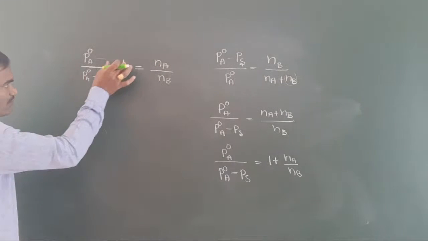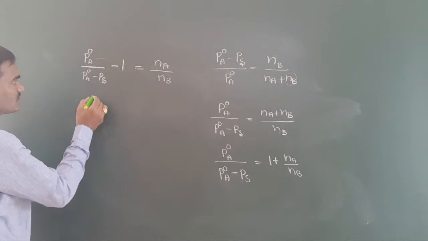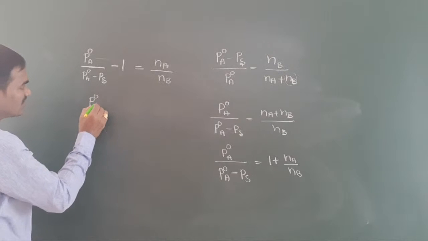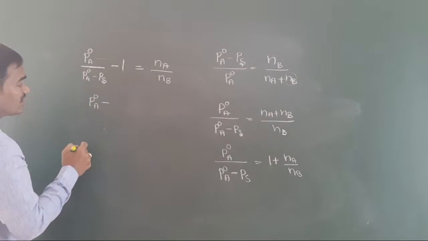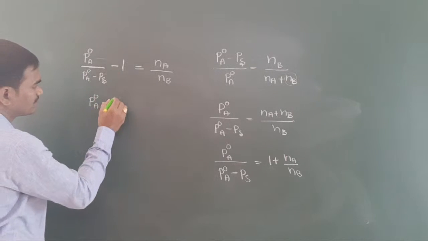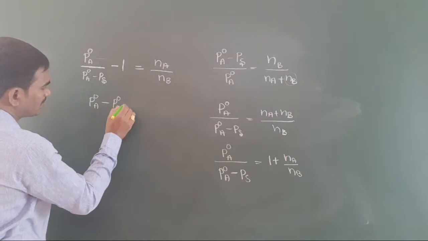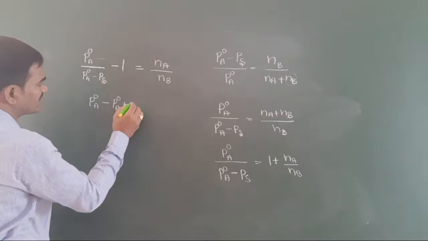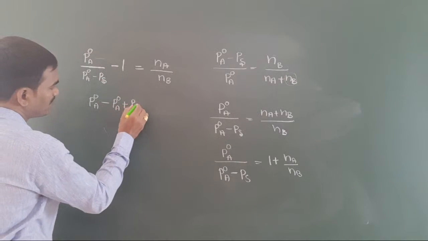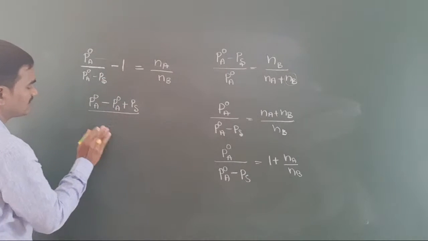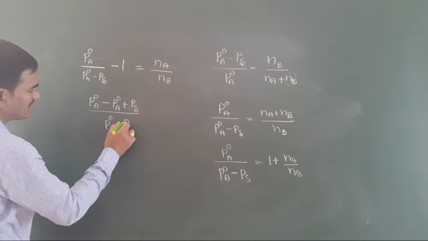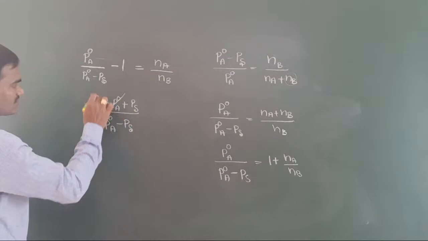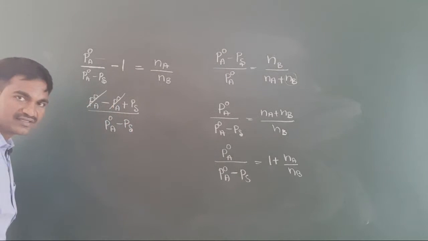So this term you multiply with this term. So what's happening here is P naught A minus this term, P naught A plus, this goes this side, so plus will come, PS, divided by P naught A minus PS. This one gets cancelled. Have you got it?